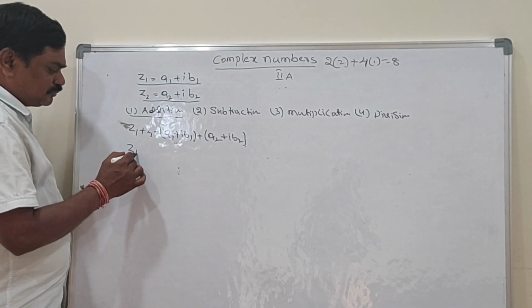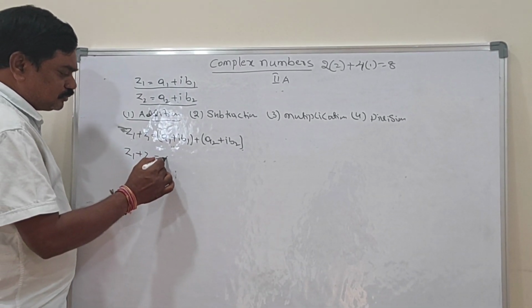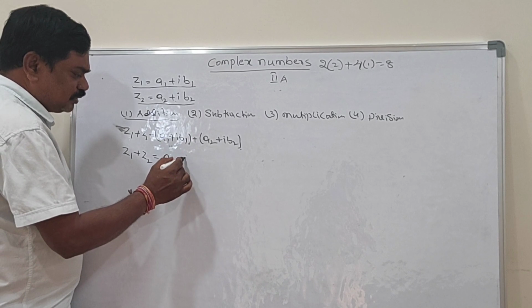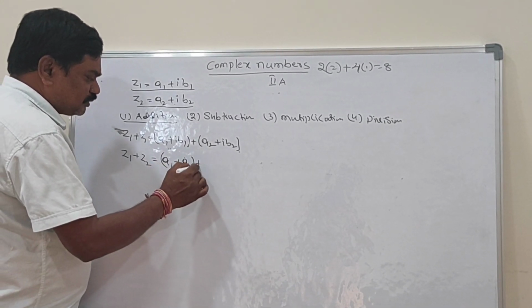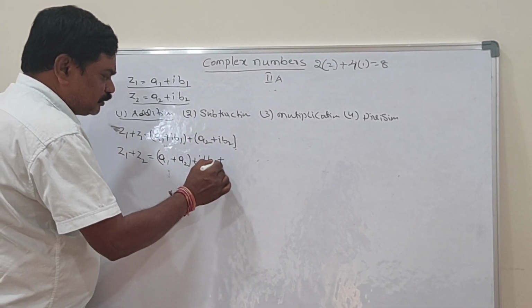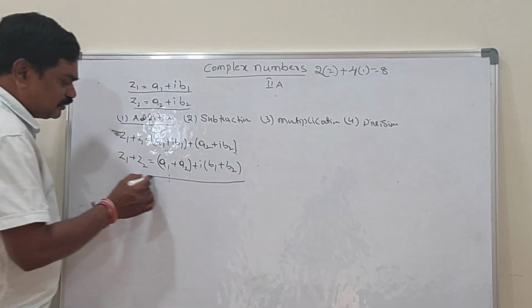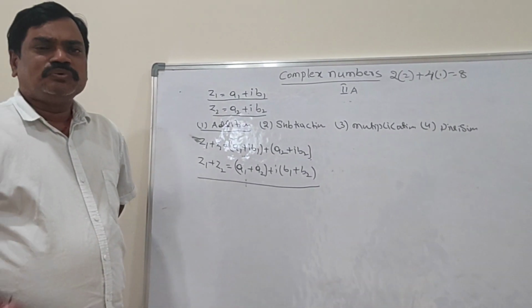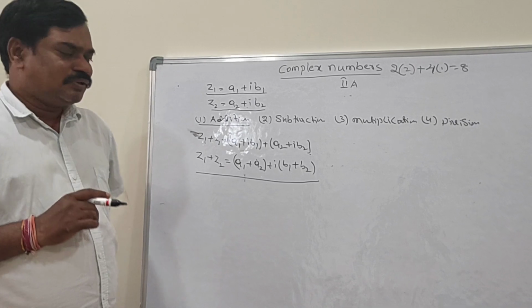Then z1 plus z2 is equal to a1 plus a2 plus i of b1 plus b2. This is the addition of two complex numbers.